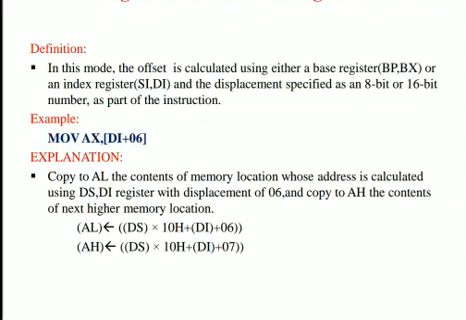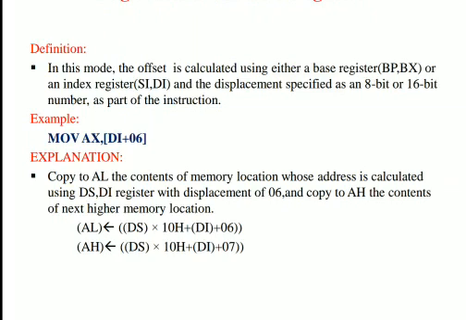That is specified in the definition. The offset is calculated using either a base register or index register and the displacement specified as an 8-bit or 16-bit number as a part of the instruction, and then that addressing mode is named relative addressing mode.